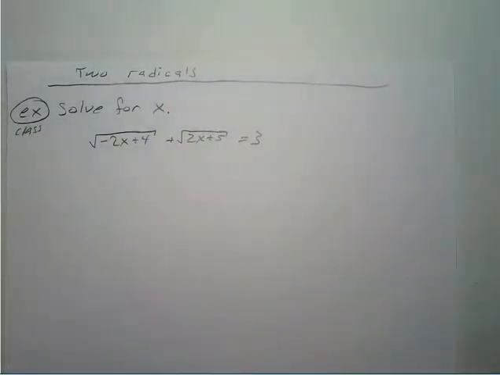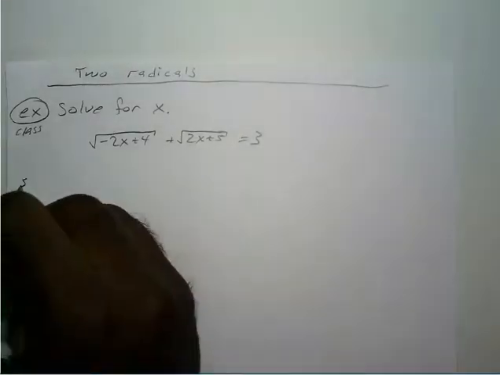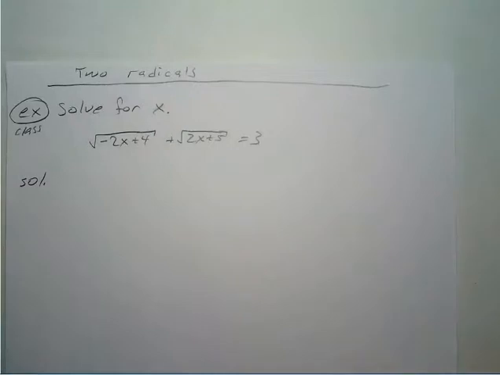Remember, you want to use the same steps as before, but you're going to end up doing them twice. So go ahead and just give it a try. All right, so I'm assuming you've pressed pause and gave this one a shot. So let's verify your answer.